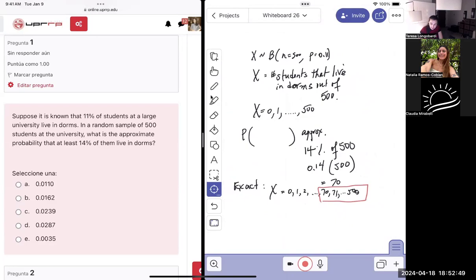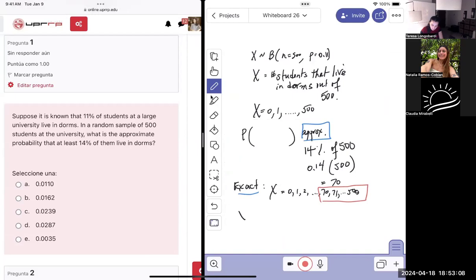But it doesn't say exact. It says approximate.